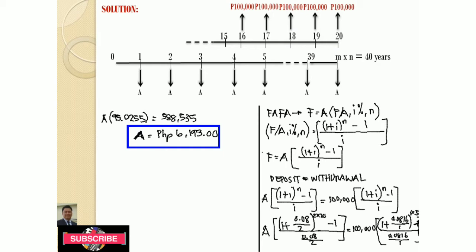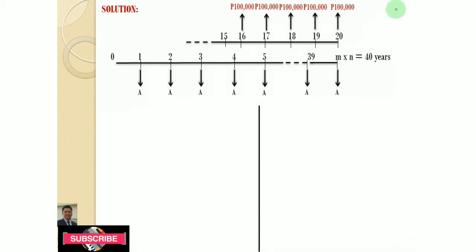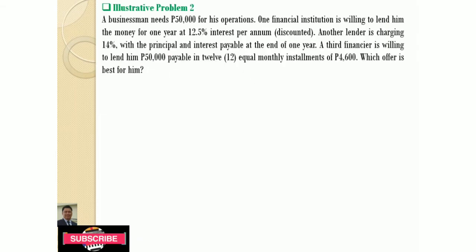So proceeding, we have another illustrative problem, number 2. A businessman needs 50,000 for his operations, and one financial institution is willing to lend him the money for 1 year at 12.5% interest per annum, and this is discounted.